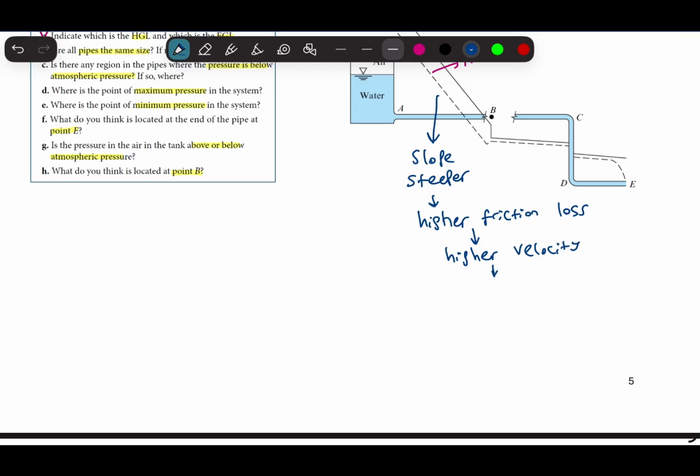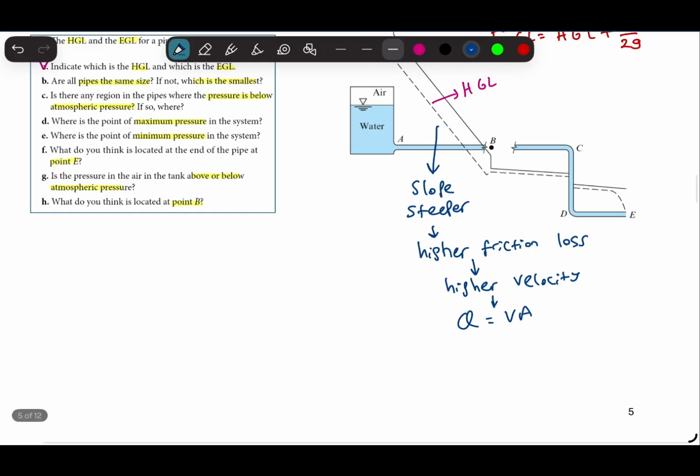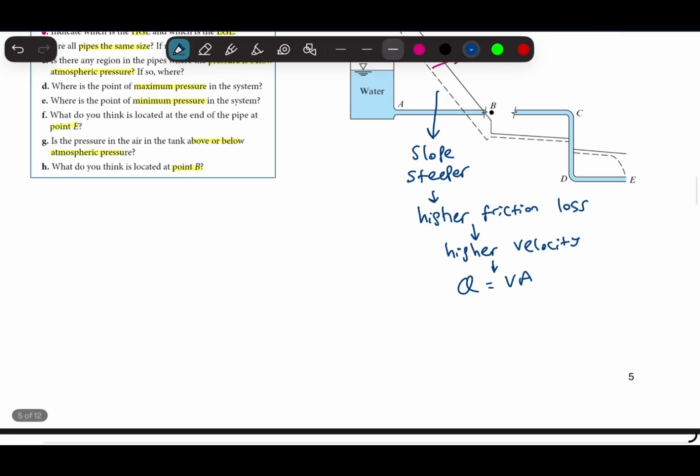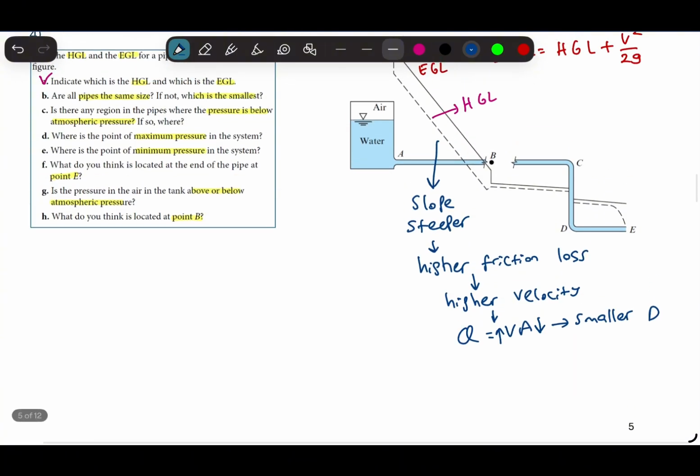To get the higher velocity, we are going to use the continuity equation. Since the flow rate will be the same throughout the system, to get higher velocity, we need a lower area. So this means we need a smaller diameter in pipe AB.